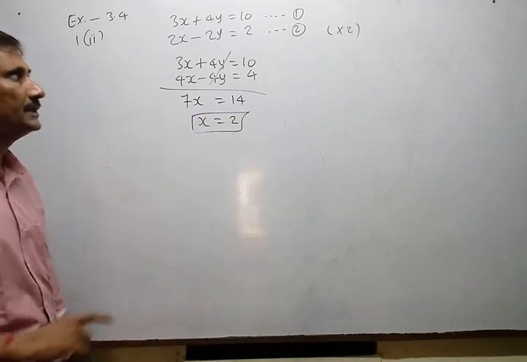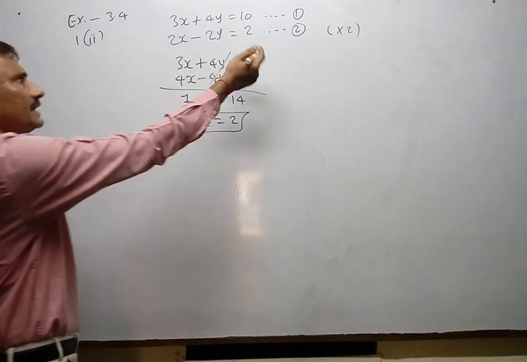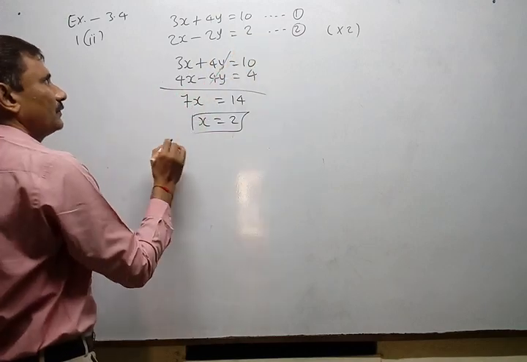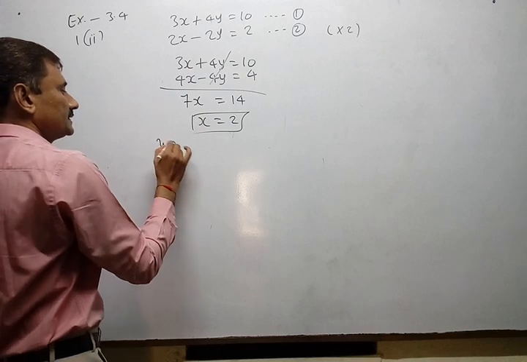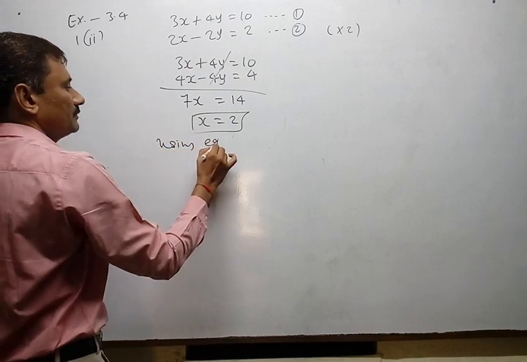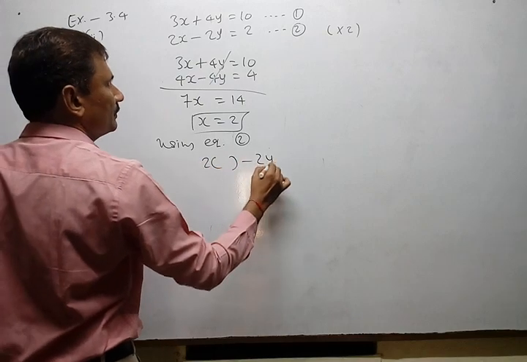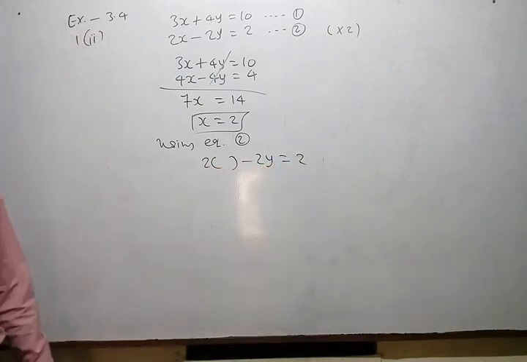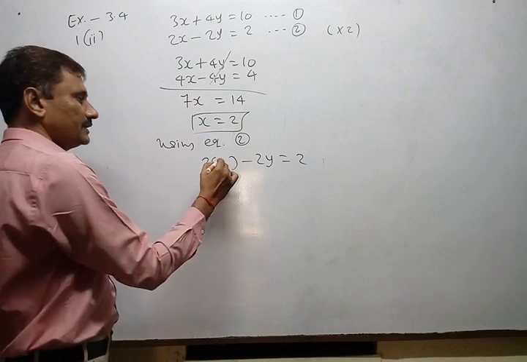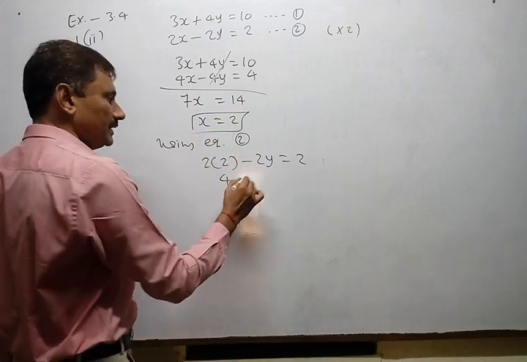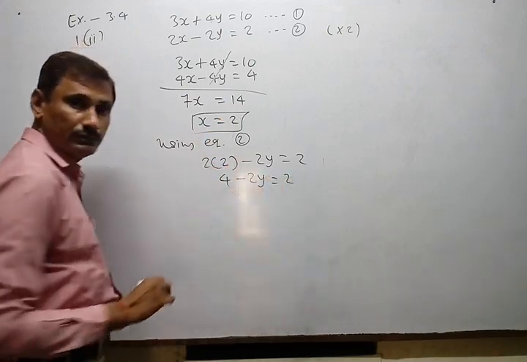So we got x first. Now use either first or second. Now I am using the second, equation number 2: 2x minus 2y equal to 2. But instead of x, we have to write its value. So 4 minus 2y equal to 2.